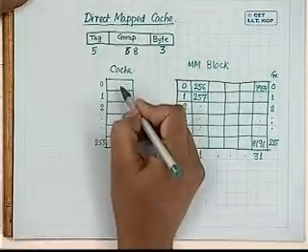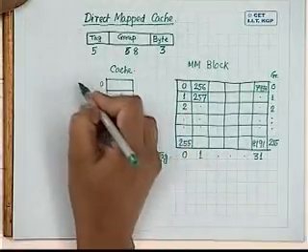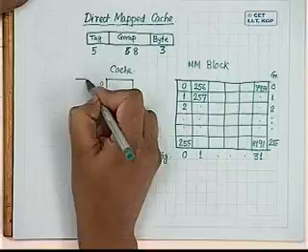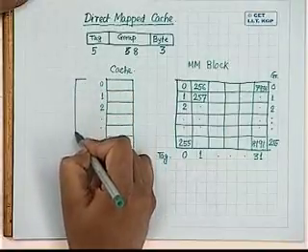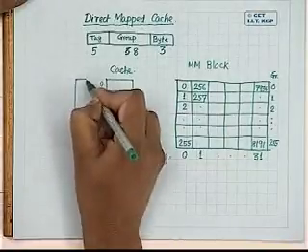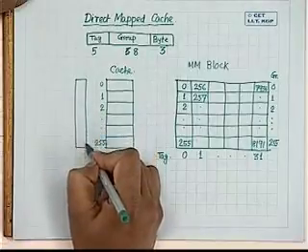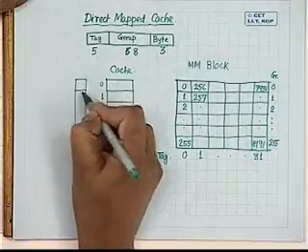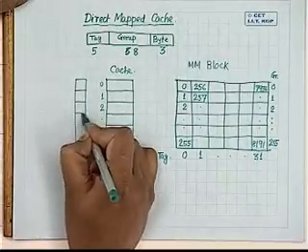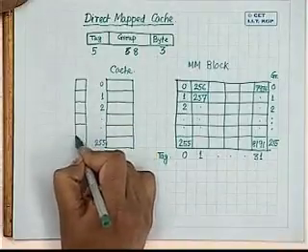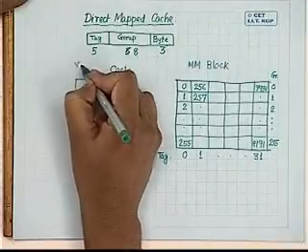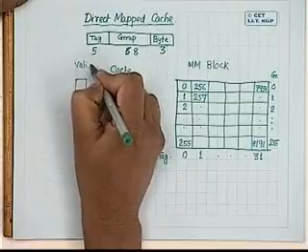As before, for every cache line, I have to have a valid, invalid bit. So when a particular cache line contains a valid block of main memory data, main memory content, then the corresponding valid bit has to be 1, otherwise the valid bit will remain 0.